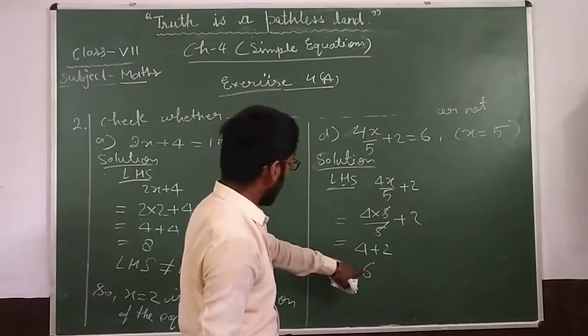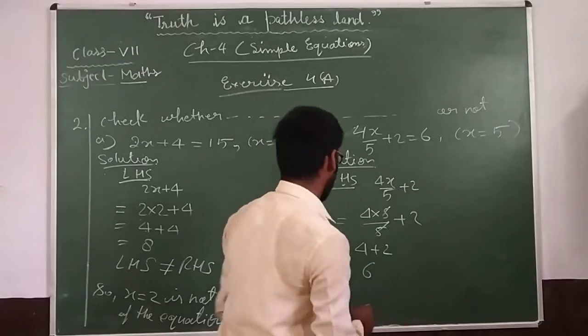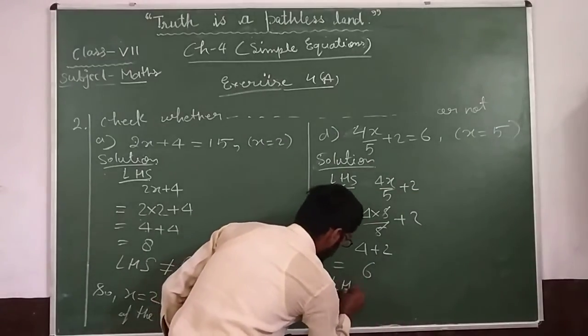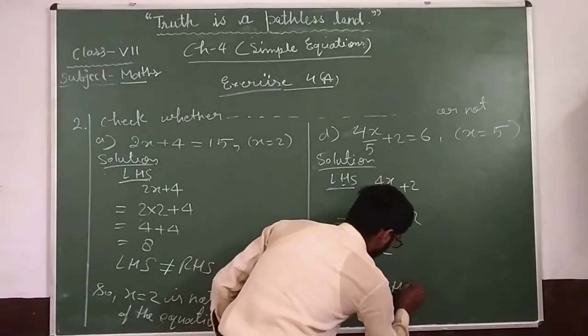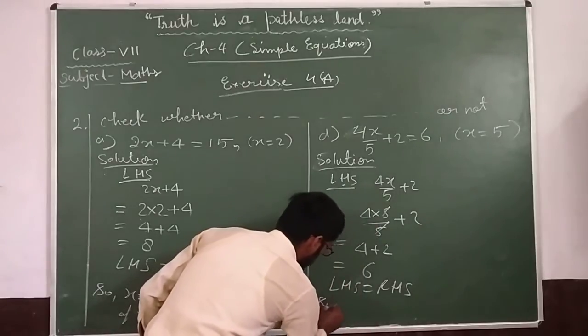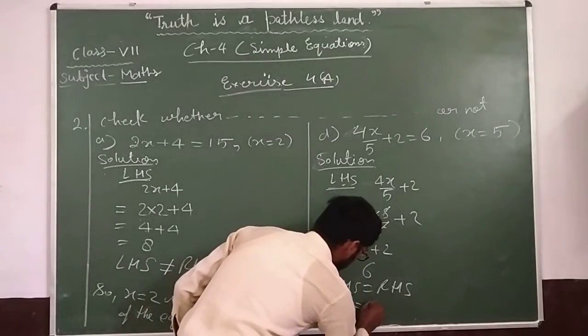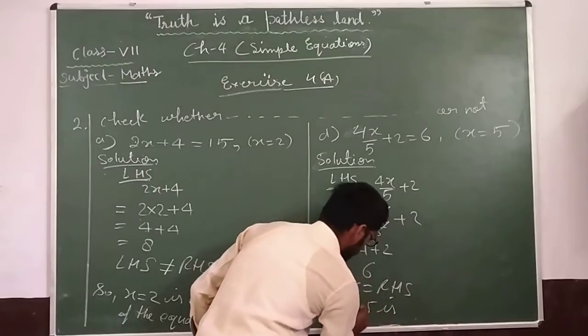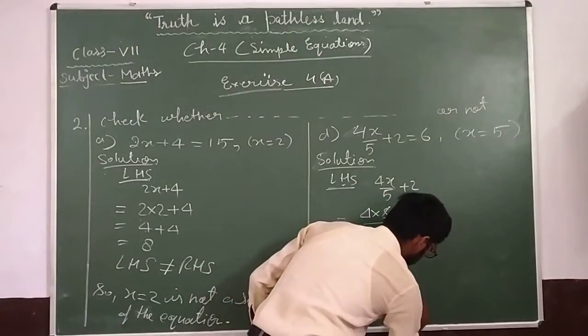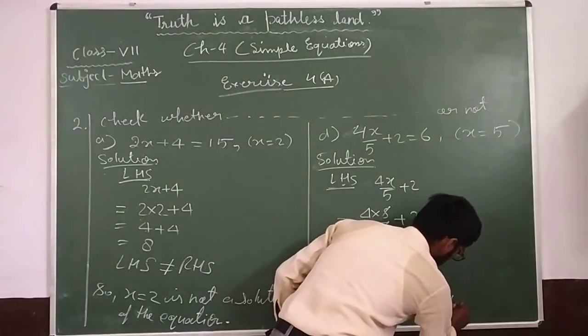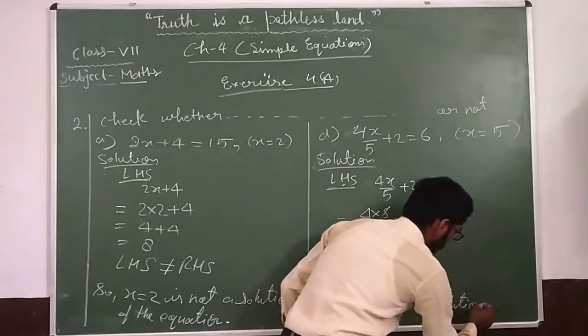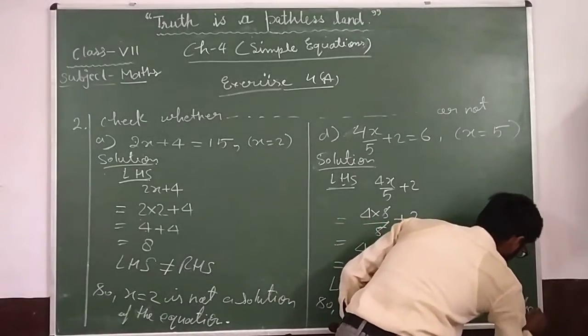Here your LHS is 6 and RHS is also 6. Here you can say LHS is equal to RHS. It means x is equal to 5 is the solution of the equation.